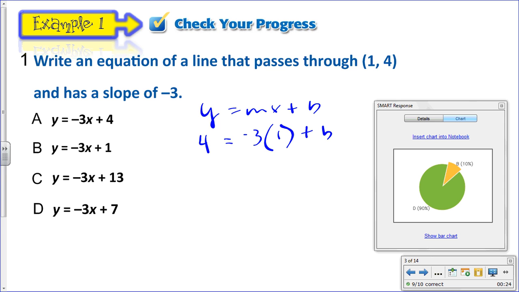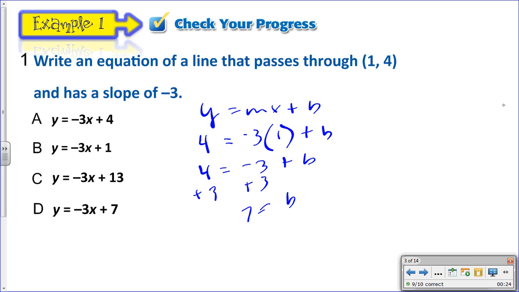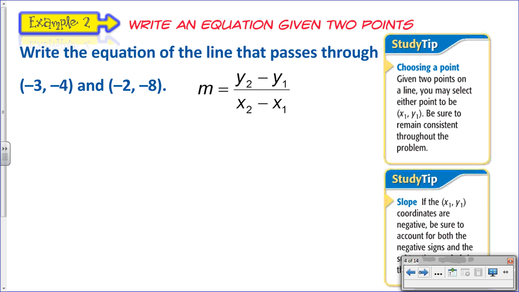That's the only information we don't have. So now to get b by itself, plus 3. b equals 7, right? Yeah, got the negative. It's a common mistake. Everybody makes it. We just have to make sure that we keep on watching for it.